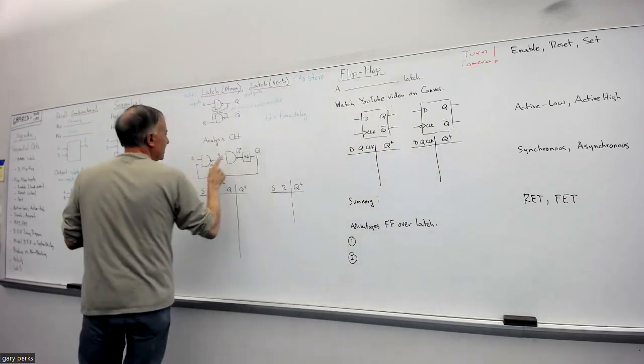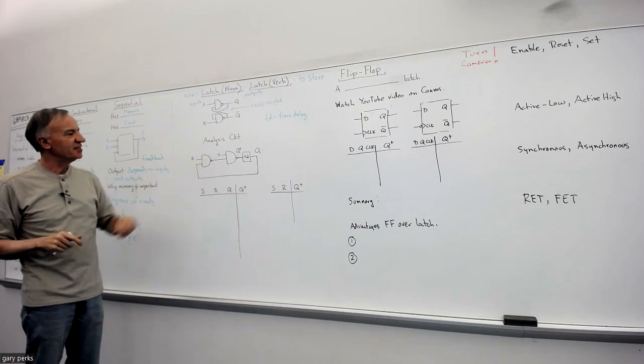So we have our two NAND gates. Here's the R input, here's the S input.